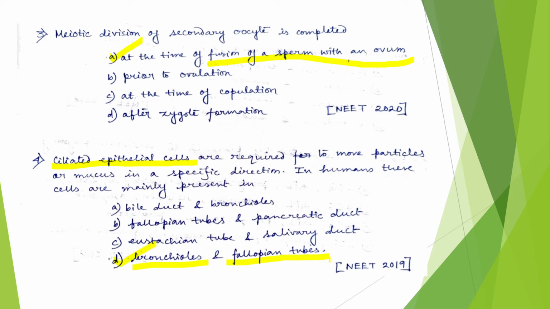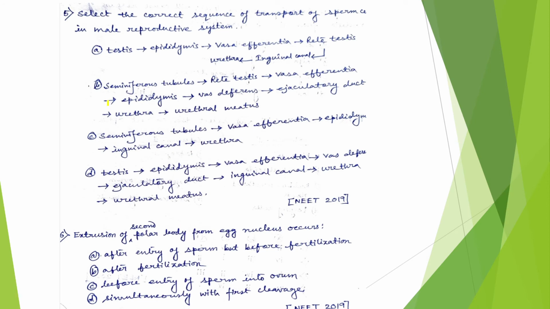They are not present in the eustachian tube, which helps in equalizing the pressure in our ear, nor in the pancreatic duct or the bile duct. But they are present in the bronchioles in our respiratory system, where they help in moving the mucus, and in the fallopian tube, where they help in moving the secondary oocyte.